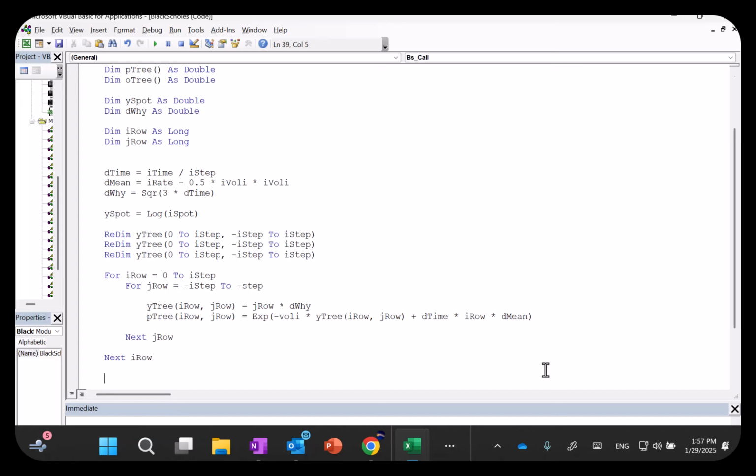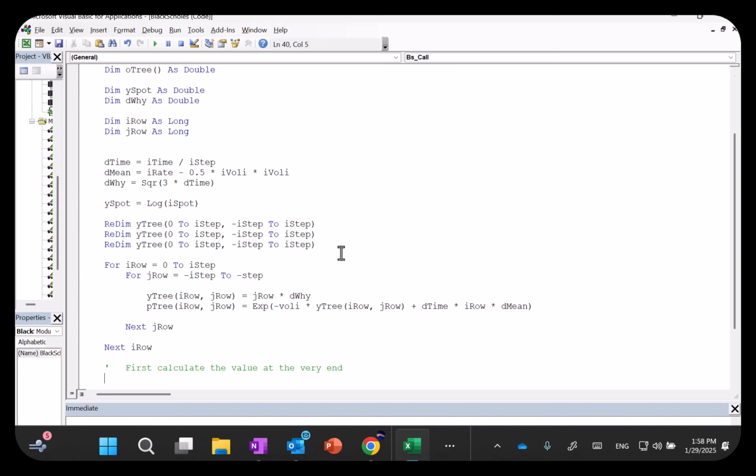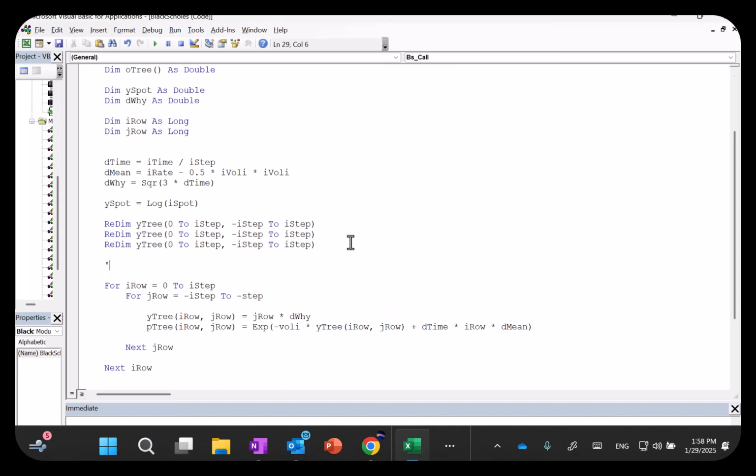Now we're going to work on that price tree and come back. First, we're going to handle what's going to happen at the very end, okay? First, calculate the value at the very end. So let's calculate the price tree.